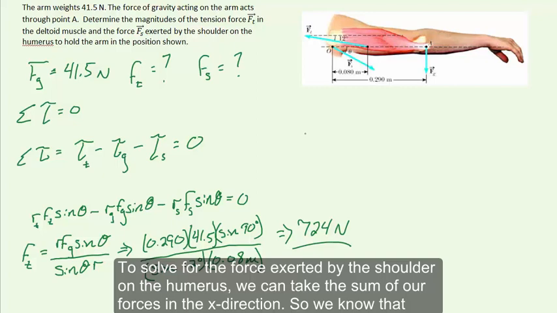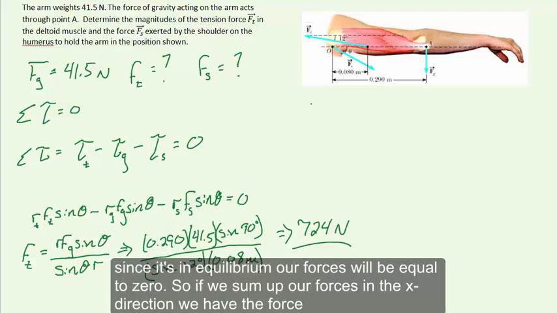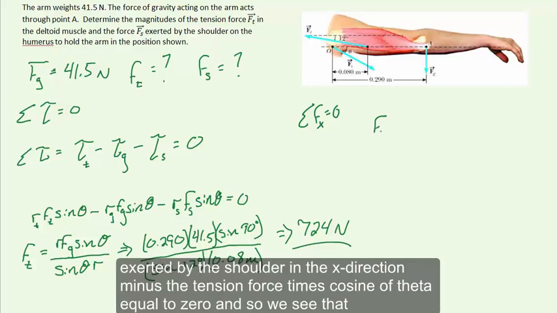To solve for the force exerted by the shoulder on the humerus, we can take the sum of our forces in the x direction. So we know that since it's in equilibrium, our forces will be equal to 0. So if we sum up our forces in the x direction, we have the force exerted by the shoulder in the x direction minus the tension force times cosine of theta equal to 0.